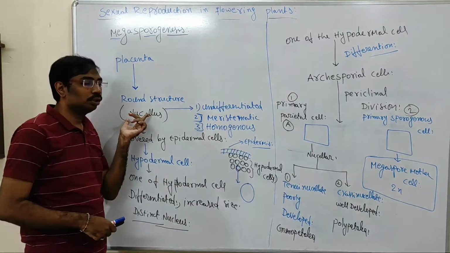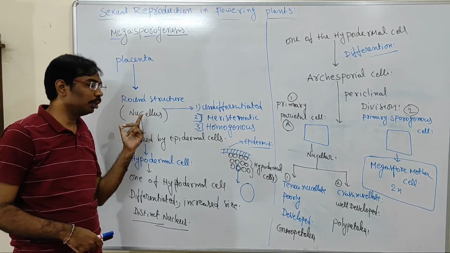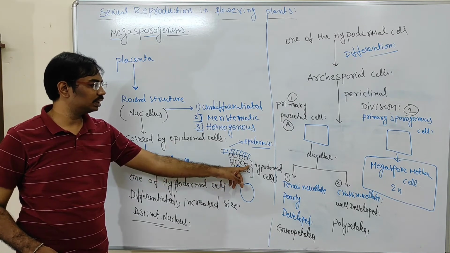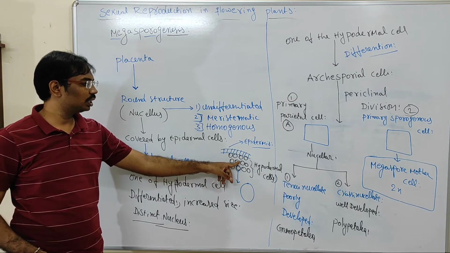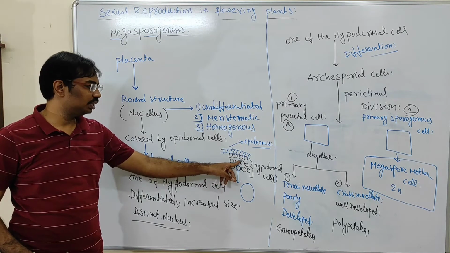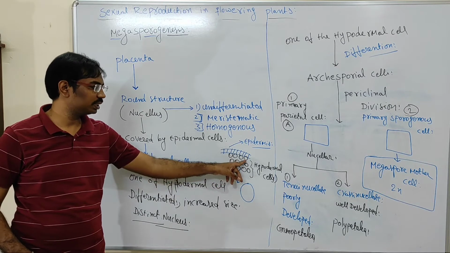The nucellus is covered by the epidermis. See here, this is the nucellus, the black cells. Beneath the epidermis, this region is called hypodermal cells.